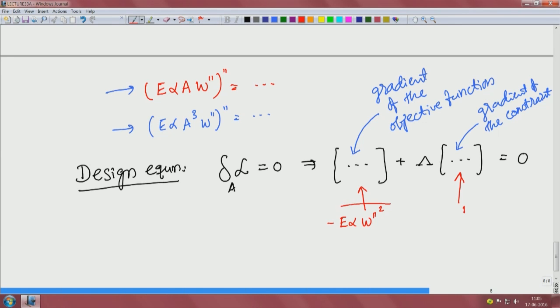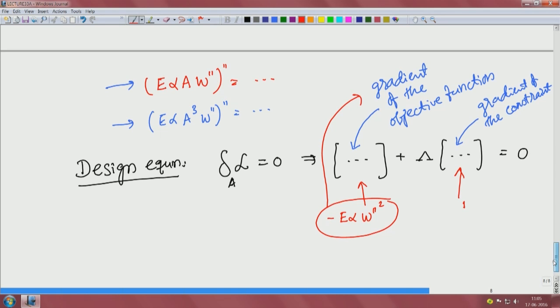That means that this is the gradient of the objective function. The objective function here is the mean compliance, integral of QW. If you take the derivative at a particular a of x, a of x is a function, let us say at a particular value of x, at that cross section, if you change only there, at what rate does the objective function change is given by this expression.